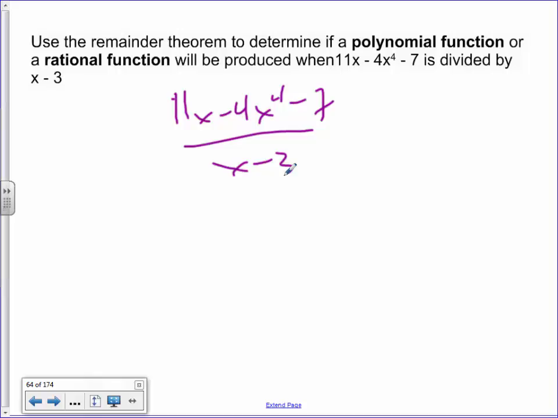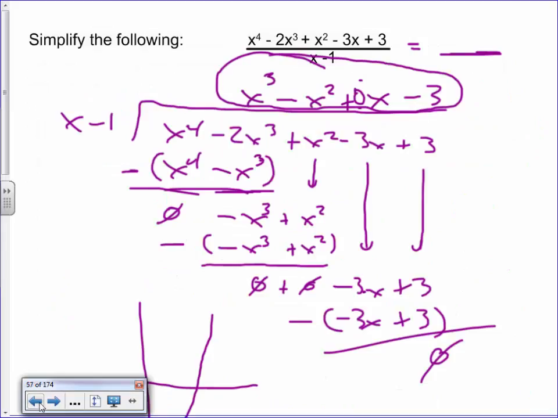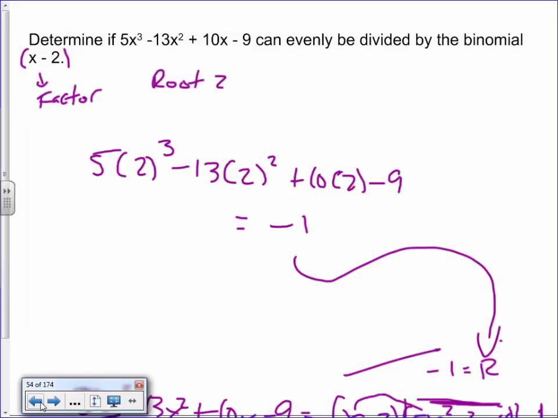There was yogurt. Okay, if you did get 0, they do divide. That was the one I did earlier, right? With bananas. No, it wasn't that one.